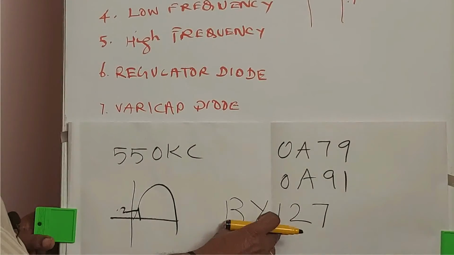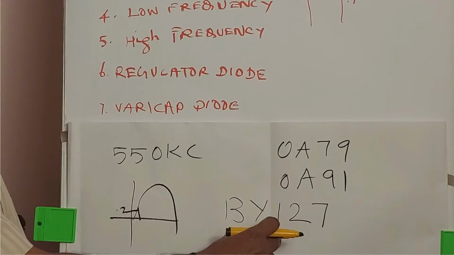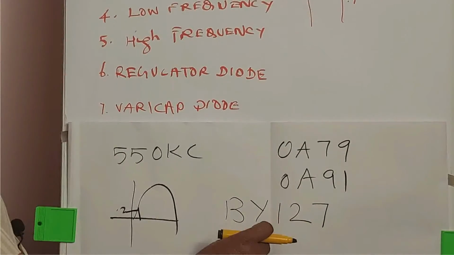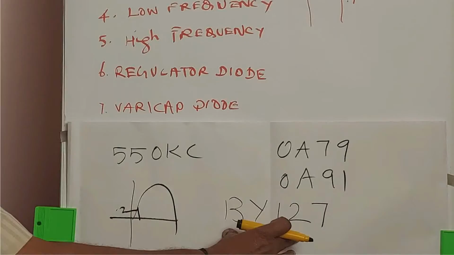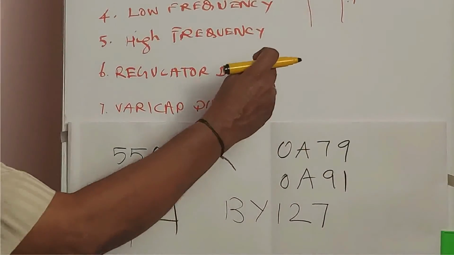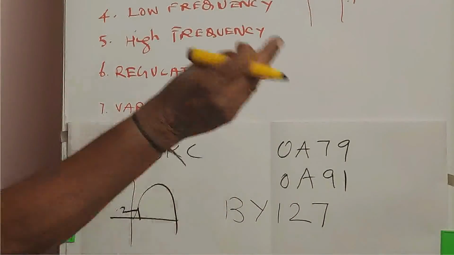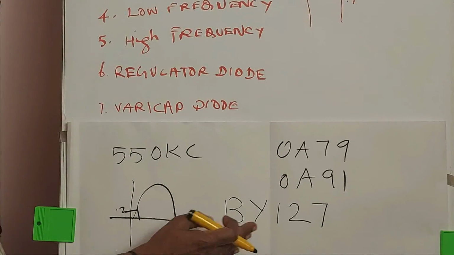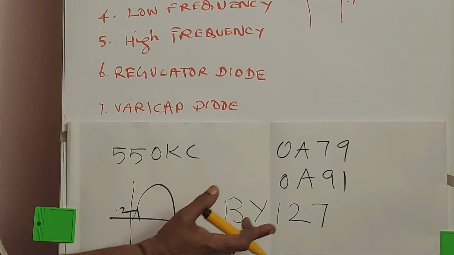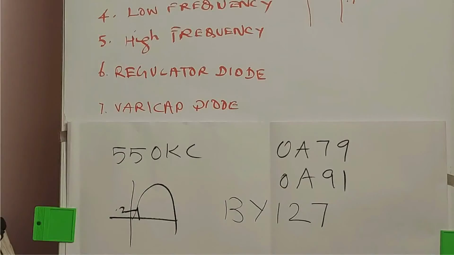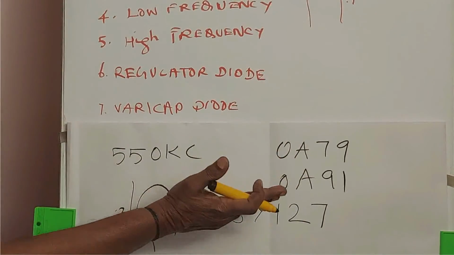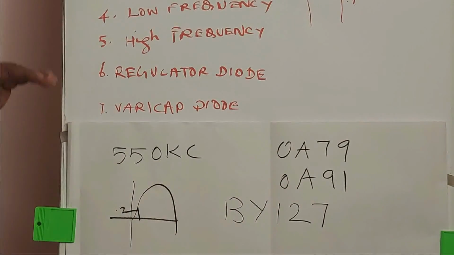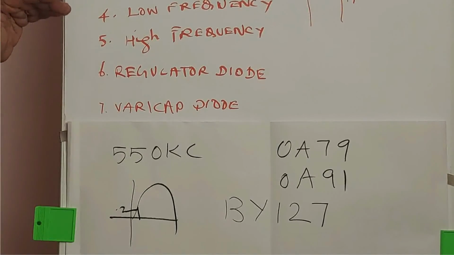Silicon diode, high current, 1 ampere current rating, high voltage, that is 300 volts can be rectified using this. Whereas 4002 can be used only for 50 volts. Like that, BY127 is a very good thing. It was manufactured by Bharat Electronics Limited in the year 1970. For example, I am telling this. And then moving on from high frequency diode.